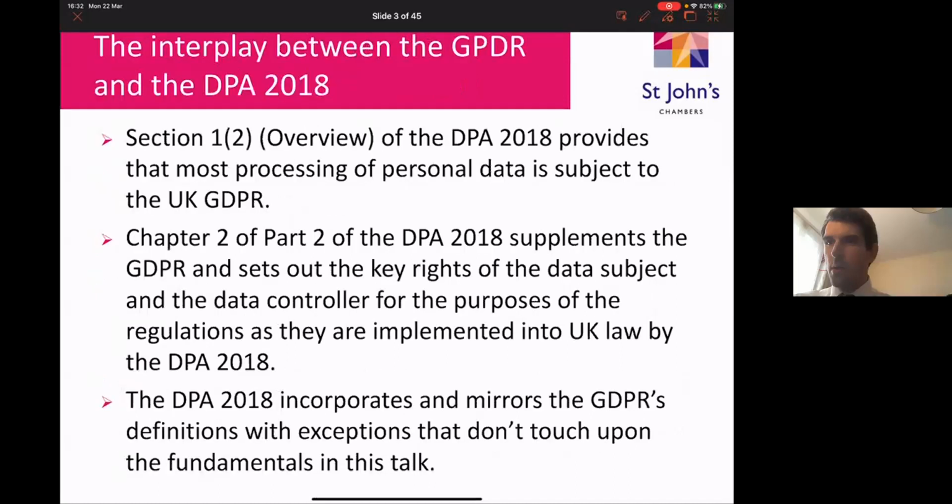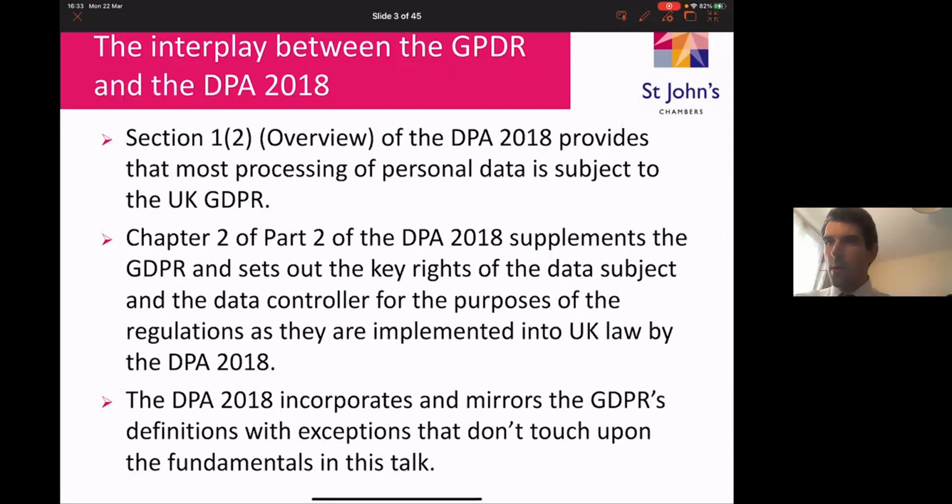And there's an interplay. It's an important starting point, which I think it's important to grasp and get to terms with, which is the way that the GDPR works with the Data Protection Act. And this talk is going to focus on Chapter 2 of Part 2 of the Data Protection Act, mainly for reasons of time, but also because Chapter 2 of Part 2 of the Data Protection Act 18 sets out what you need to know about the GDPR and how the GDPR works with the Act.